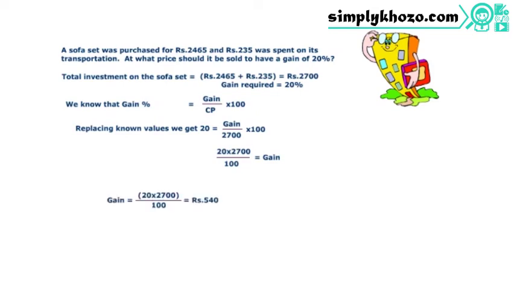Therefore, gain is equal to 20 into 2,700 divided by 100, that is equal to rupees 540. Selling price is equal to CP plus gain. Hence, the SP is equal to rupees 2,700 plus 540, that is equal to rupees 3,240.